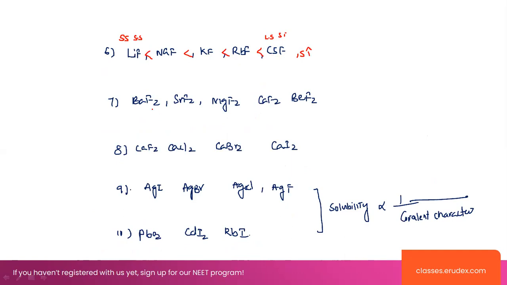Yes. Coming to barium fluoride, in this case this is large size and this is small size, whereas in beryllium fluoride this is small size and this is small size here. So this has more solubility. Yes.